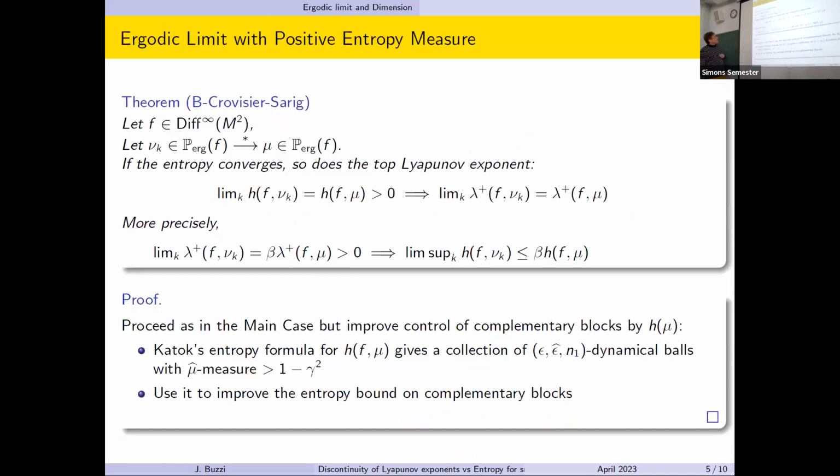Okay, so now let's go beyond the ergodic, the full entropy case. Now you can just assume that they converge to some measure, which we still assume to be ergodic, mu.